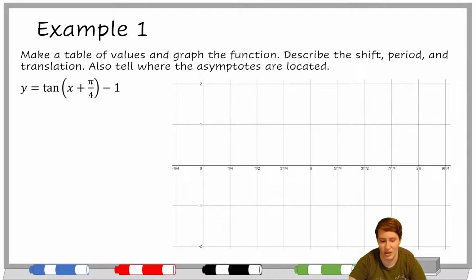We basically are still going to use our calculator to help us probably graph it. Still make a table of values if that's helpful to you. We're still describing things like the shift, the period, and the translation, telling where the asymptotes are.